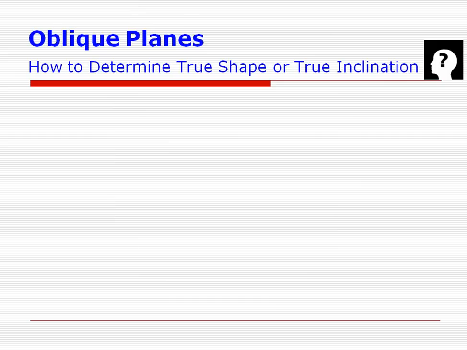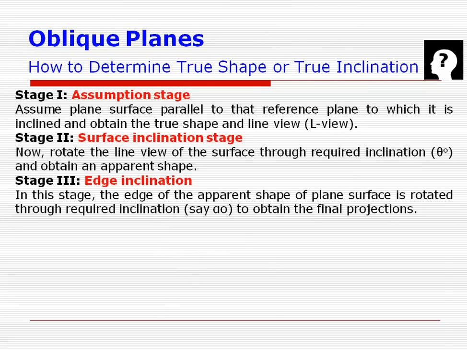So now we take the case of oblique planes. In the case of oblique planes, the stages now will turn to 3. Generally the first 2 stages will remain the same. The first stage is the assumption stage.